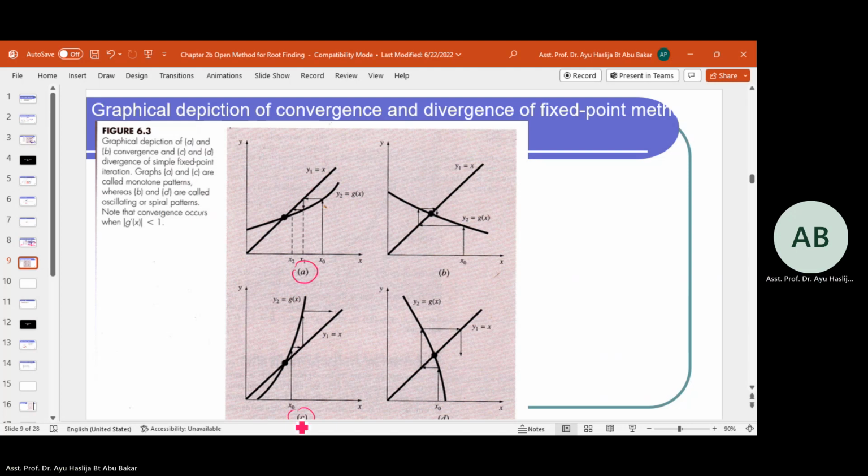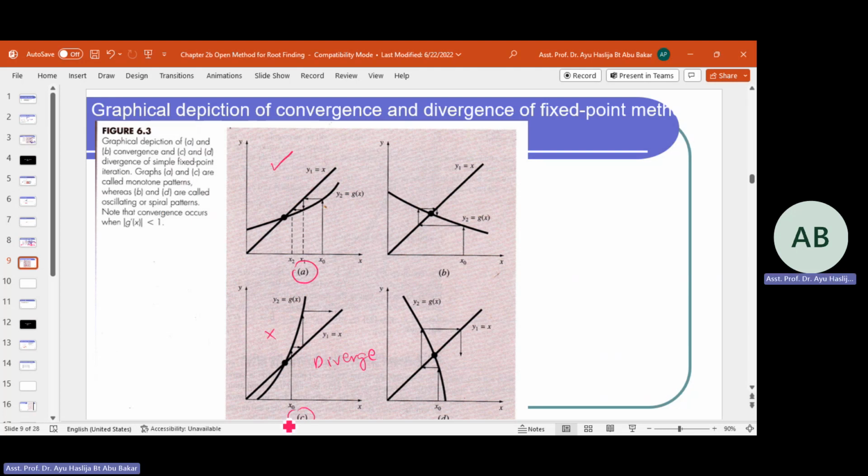So this trend is correct, converging. Whereas for C, it is diverging. So the trend is wrong. Your starting point might be wrong or the equation might be wrong.